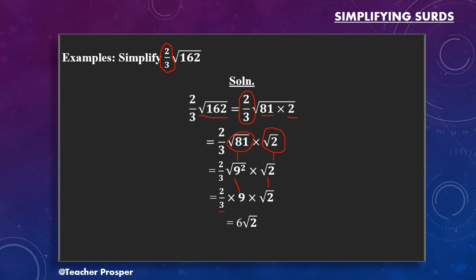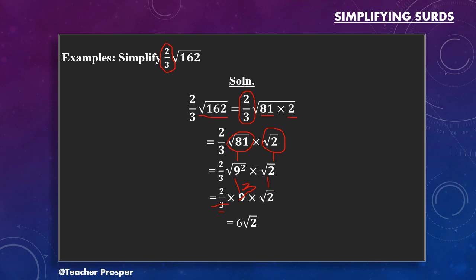So, on to our next step, we realize that this 3 can go into this 9, and then we'll get a 3. And that 3 is going to multiply these 2, and that will send us back to 6. So we are going to get 2 times 3, and we'll have 6.